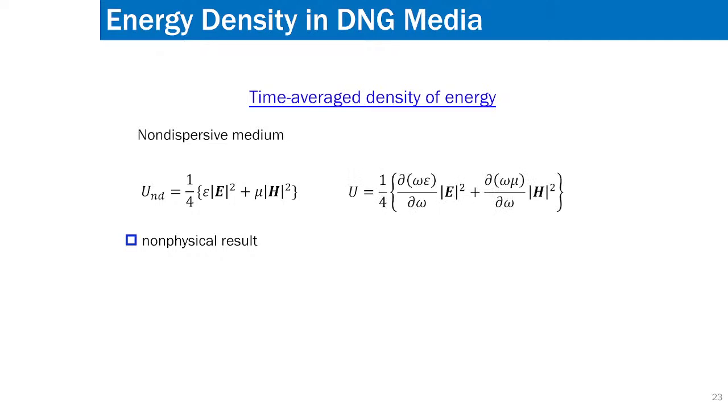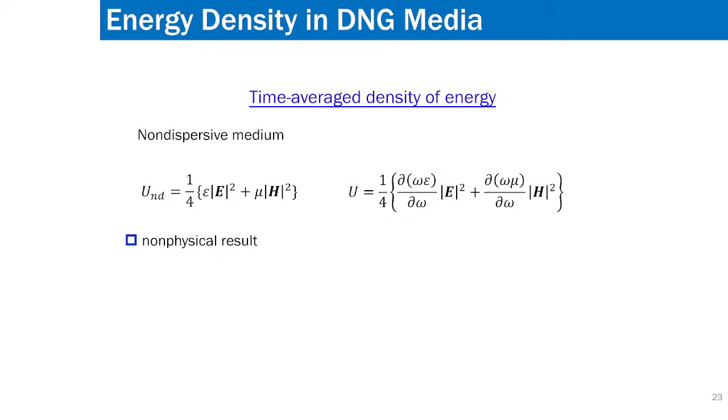Now look at this expression for energy density. The generalized expression for energy density is U equal to 1/4 as it is, but for epsilon we have the partial derivative with respect to omega of omega epsilon, times E squared. If epsilon is constant, then this partial derivative gives you epsilon, but if epsilon is a function of omega, then it is not epsilon, so it will be different. Similarly, for mu, we take the partial derivative with respect to omega of omega mu.